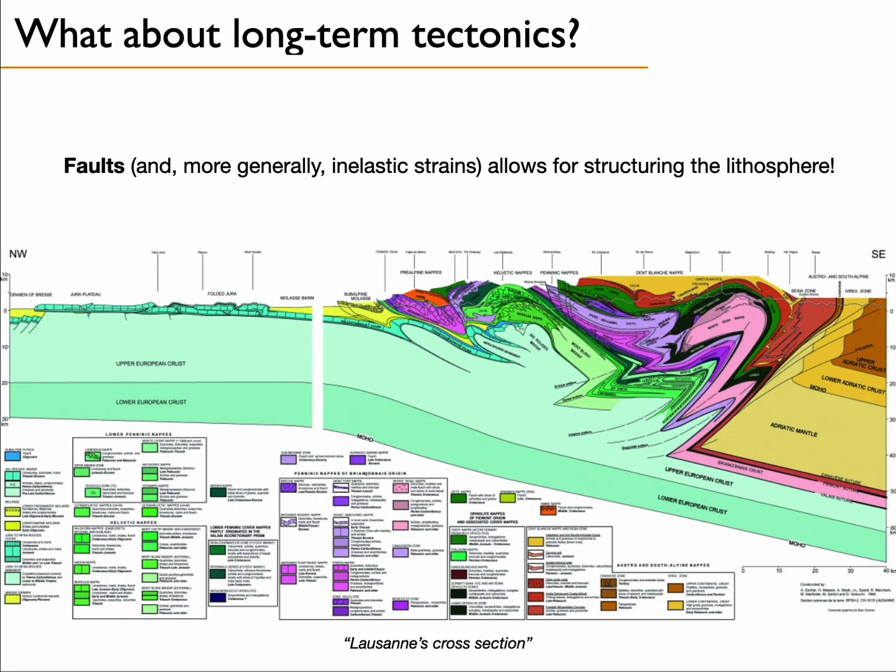And does it matter for long-term tectonics? Of course. Faults are everywhere in the crust, and they allow for structuring the lithosphere. That's an example of a cross-section through the Alps, the Lausanne cross-section, northwest, southeast. On one side, the European crust with the Jura Mountains. On the right side, you have the Adriatic plate that makes the backstop.